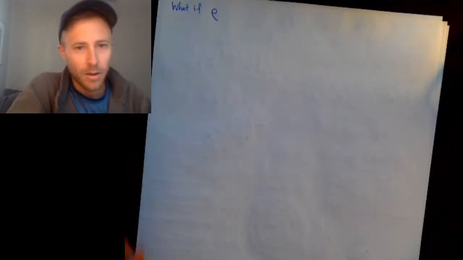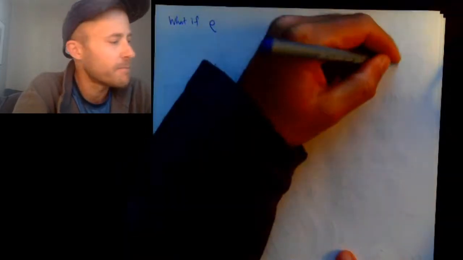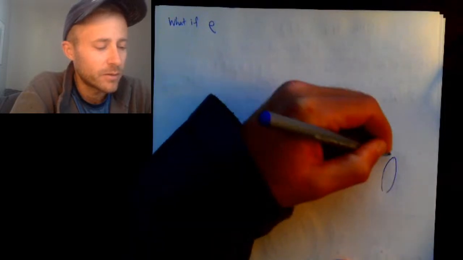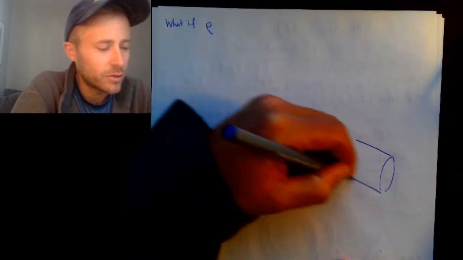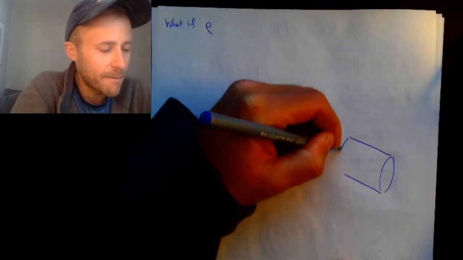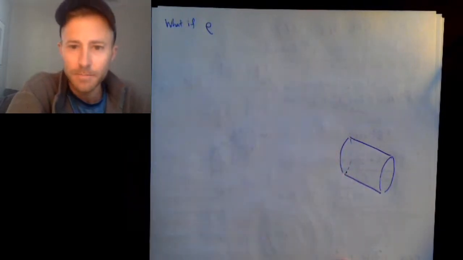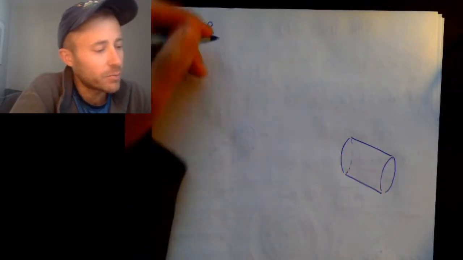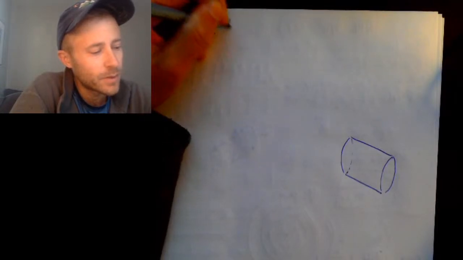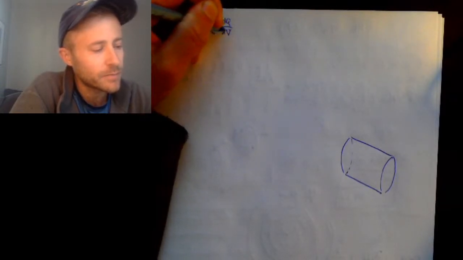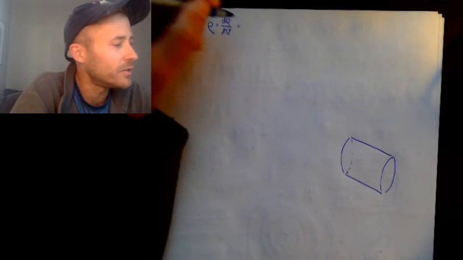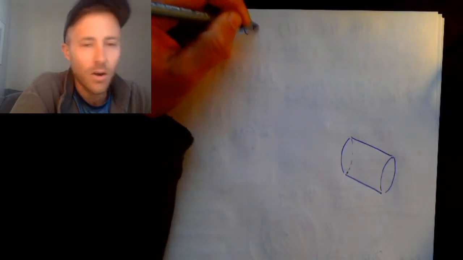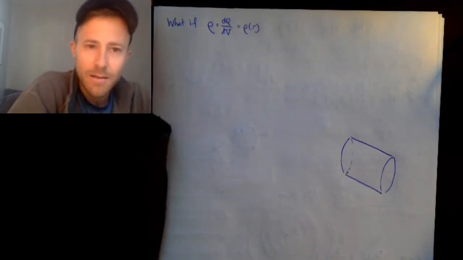It's a thick charge distribution like that. In that case, you would be given a charge per volume, dq/dV. And what if this is not a constant? So it's rho of r.